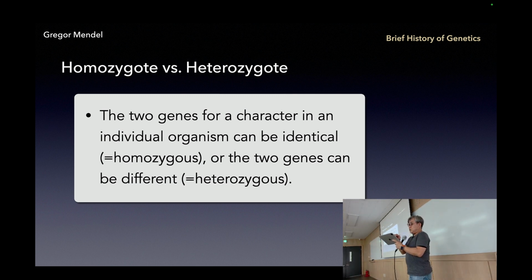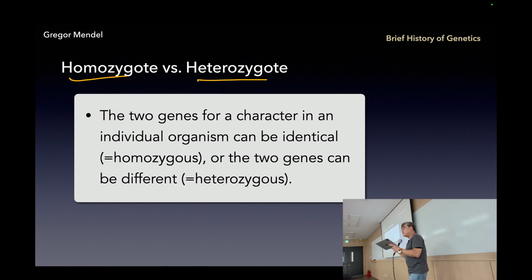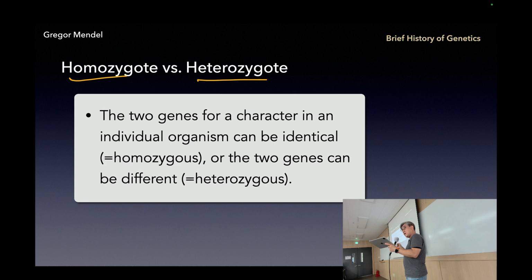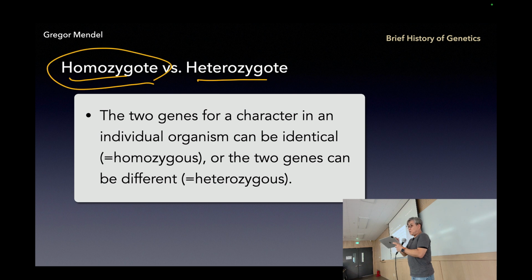So now we inevitably need to introduce two different terms about the status of genes. Genes are responsible for different traits, right? If the genes in a single individual exist in pairs, but the two genes are exactly identical, then we call that status homozygous.